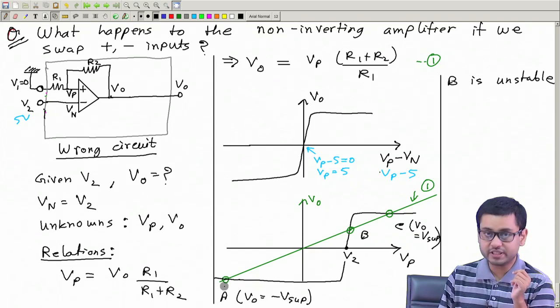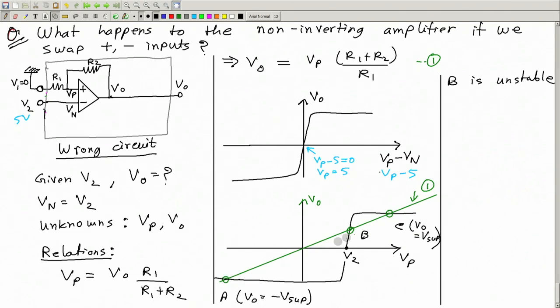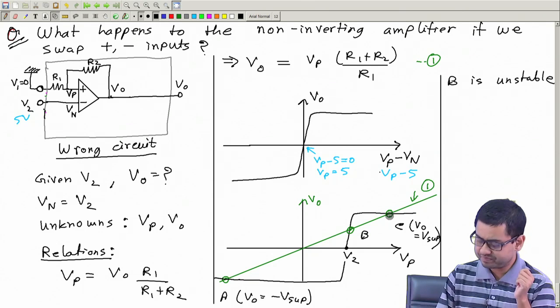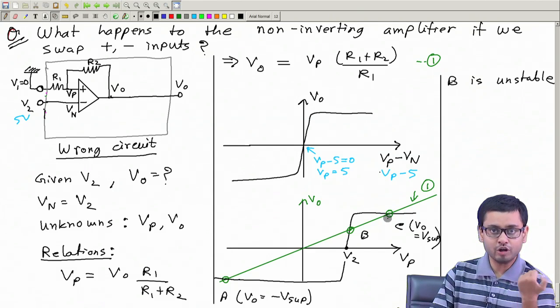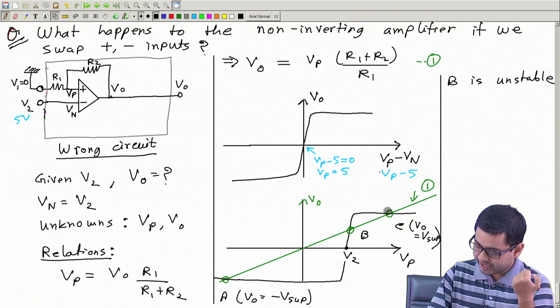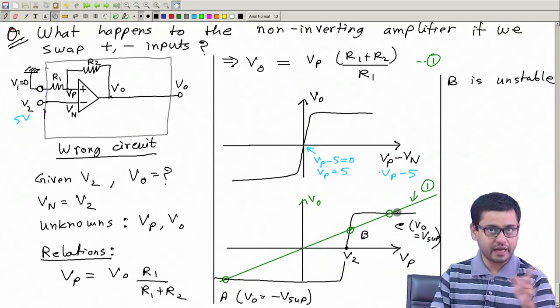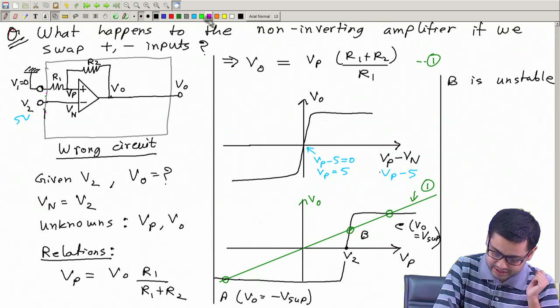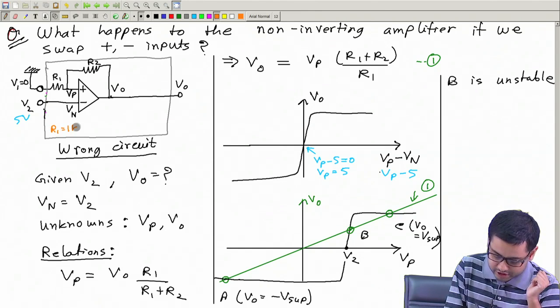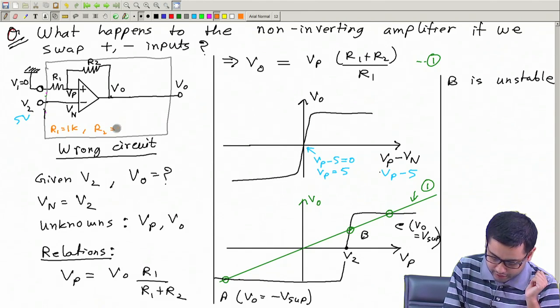So the output will saturate. It will be either negative or positive saturation, and it will depend on the previous value of the output. Let's take the same example as before: R1 equal to 1 kilo, R2 equal to 1 kilo.